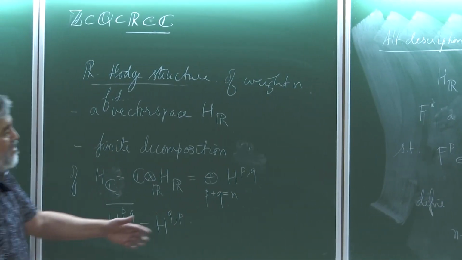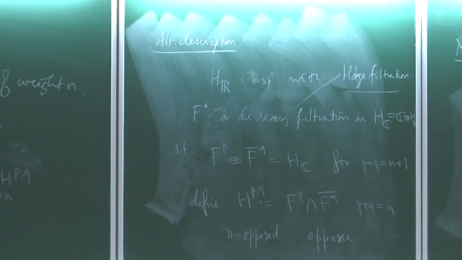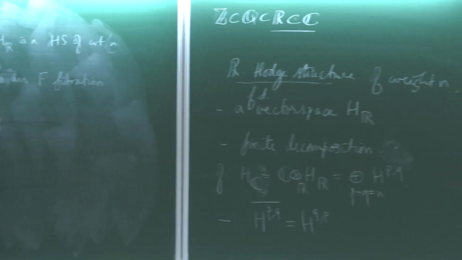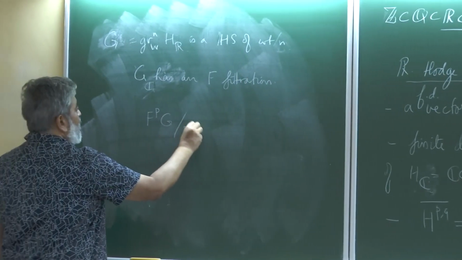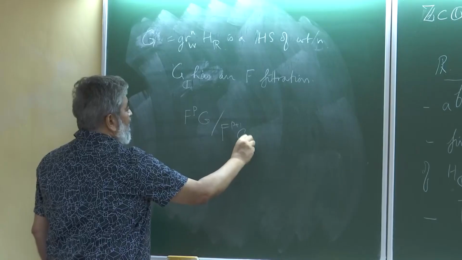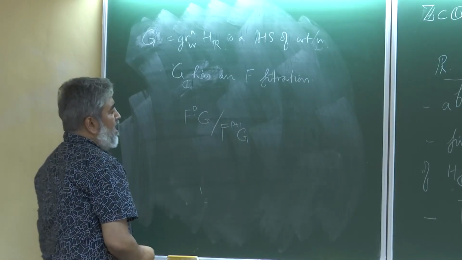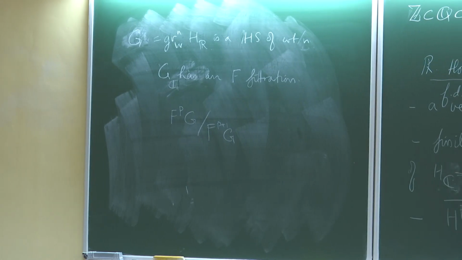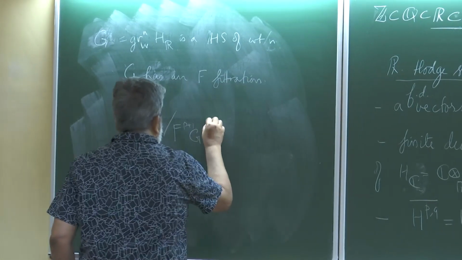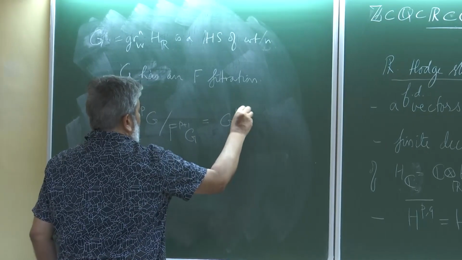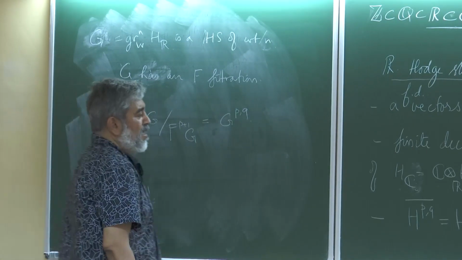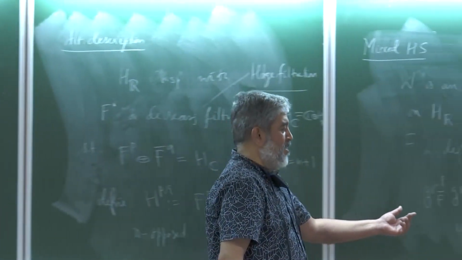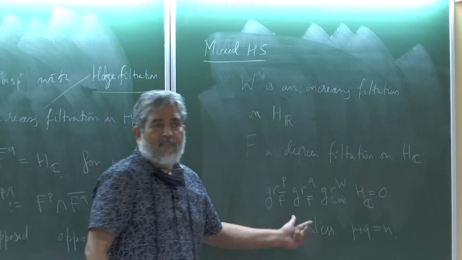So as this condition here. What is grade FP means FP G by FP plus 1 G, right? And if you look at what it is in terms of this, this is just going to be HPQ. And of course, F Q plus 1 or any other Q will give me 0 there. There's only one term there, right?